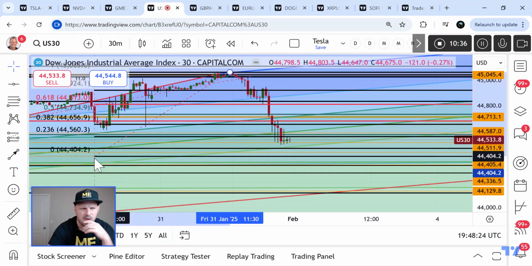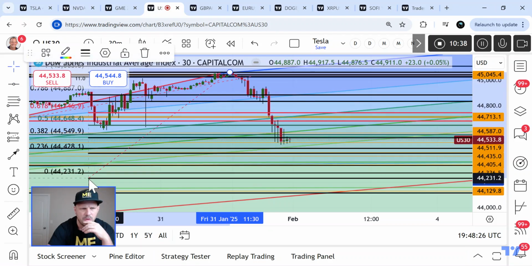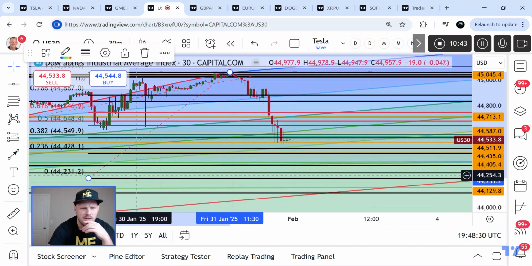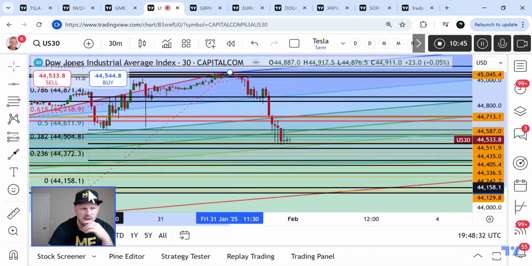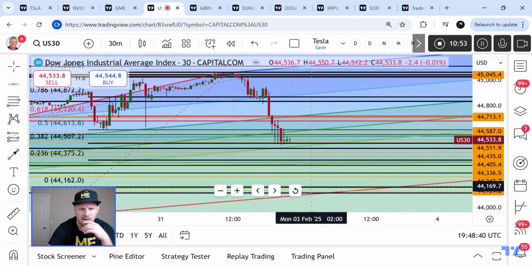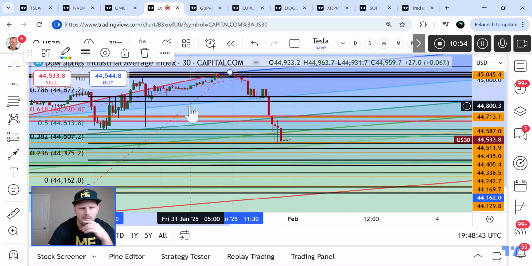And then from there, you go to the 44.2 range. And then if you super extend this bad boy like that, you go to the 44,162, which I like. I'd say I'm biased.